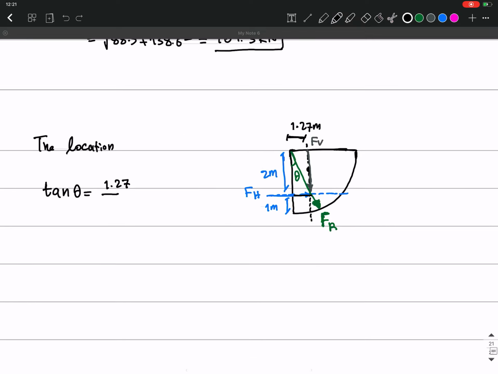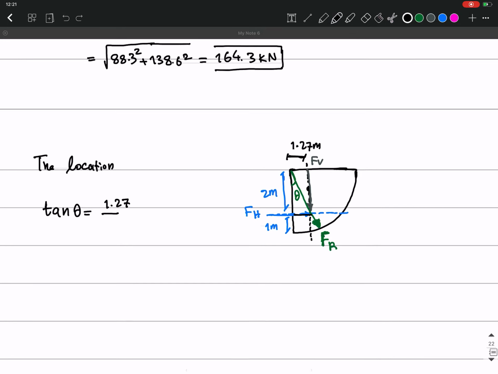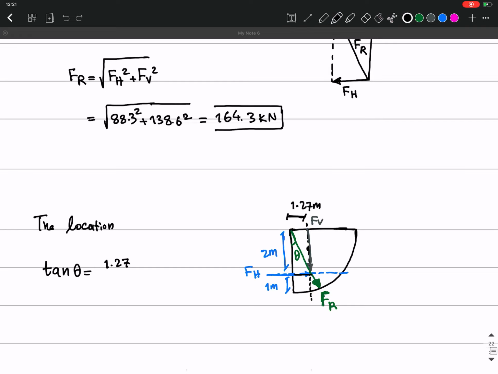Let me show it with another color. So it's going to be this 1.27 meter over these 2 meters. So theta is the arctangent of 1.27 over 2 meters.